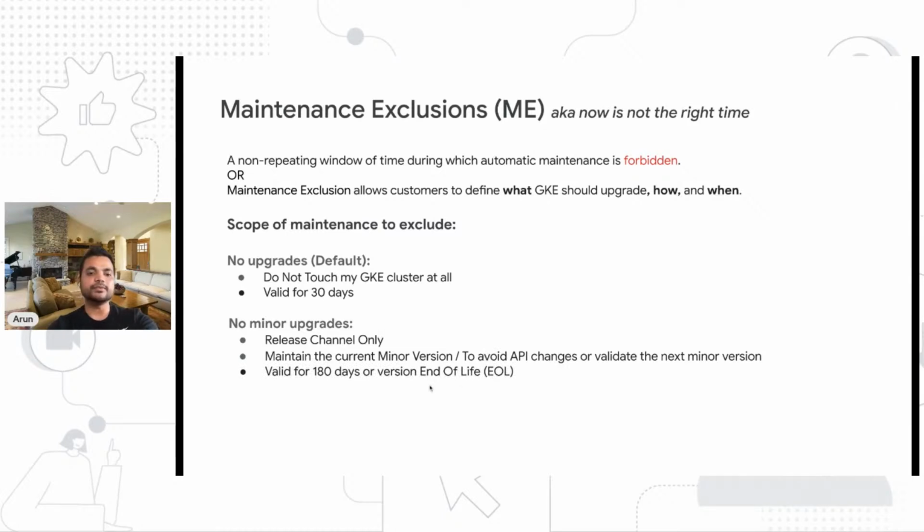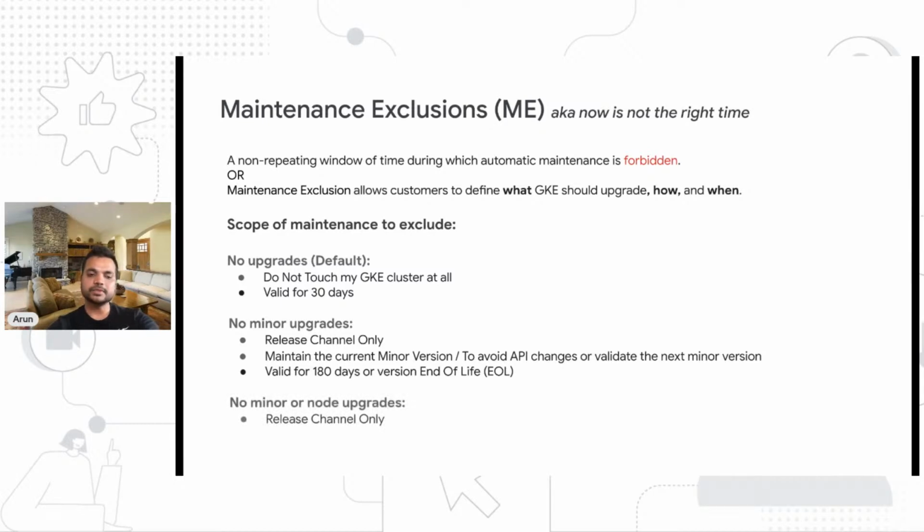And then it's only valid for 180 days or version end of life, whichever comes first. So I have a cluster which is running on 1.23, and as you saw in the previous slide, the end of life is 31st July. So I cannot extend the maintenance exclusion beyond 31st July.